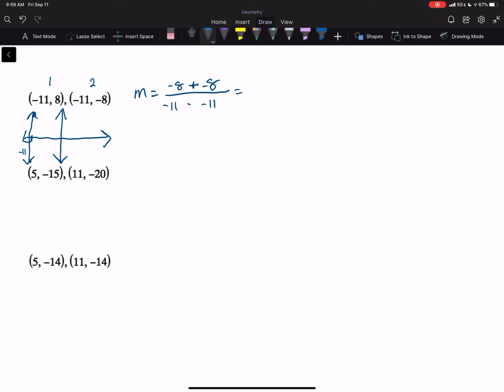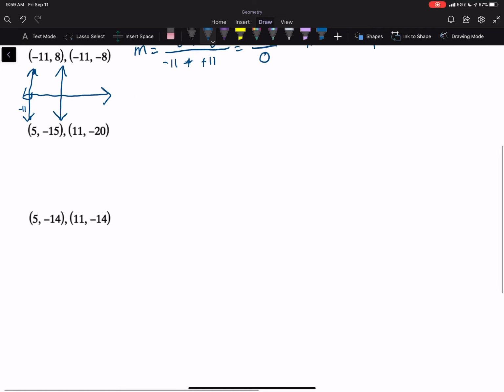So negative 8 plus negative 8 is negative 16. And negative 11 minus negative 11, well, I like to think about it this way: this is negative 11 plus 11, which is 0. You cannot define or divide by 0, so this is undefined. M equals no slope.